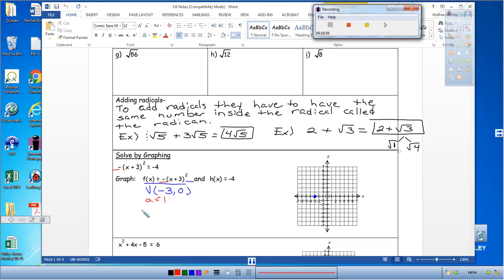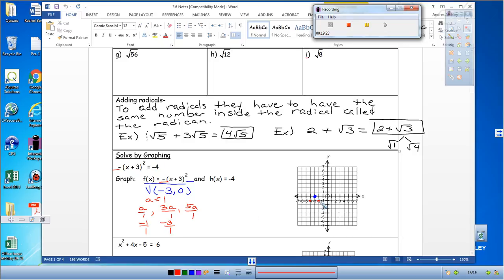So then we're going to use our pattern rate of change, which is a over 1, then 3a over 1, then 5a over 1. Since our a is negative 1, we're just going to put negative 1 over 1. So from here, we're going to go down 1 and over 1. Then 3 times negative 1 is going to give me negative 3 over 1.